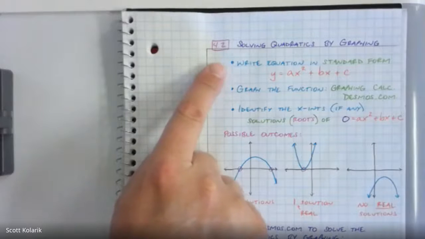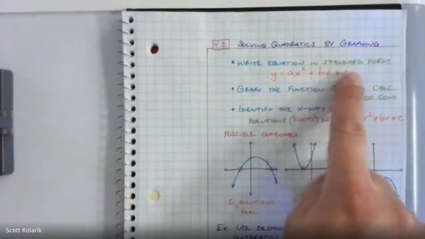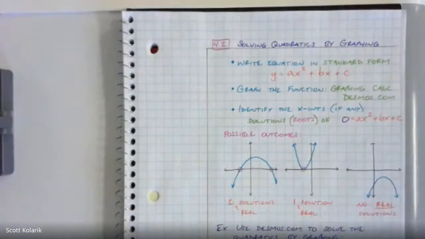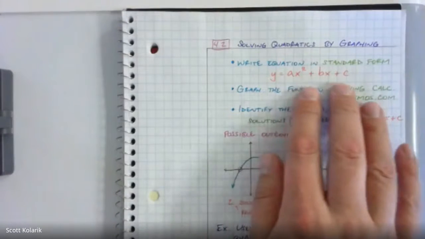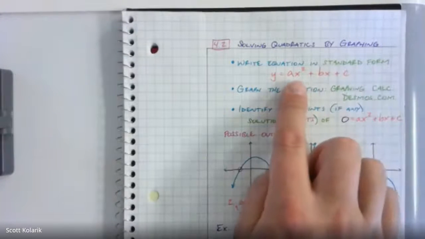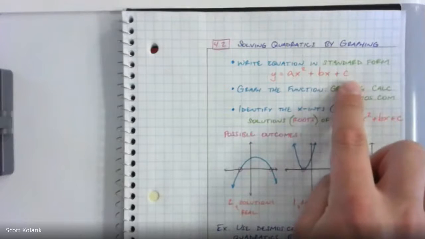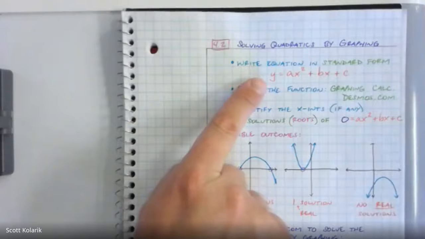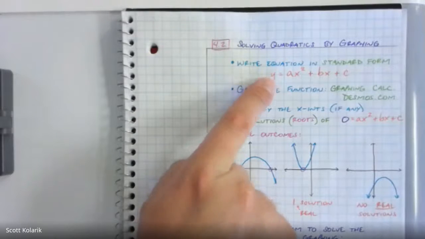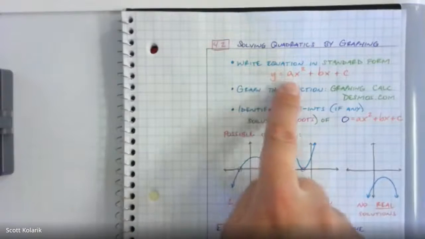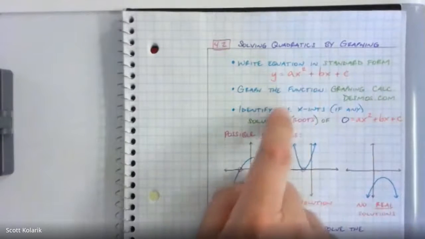The first thing you typically want to do is rearrange it into standard form. This is a term that we learned in chapter 2. Standard form refers to how the polynomial is arranged, where my highest exponents come first and it descends from there. It also tends to be solved for y, or either y or a 0 over here. You want all the terms on one side of the equation.